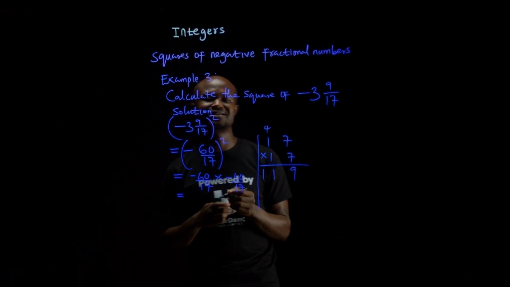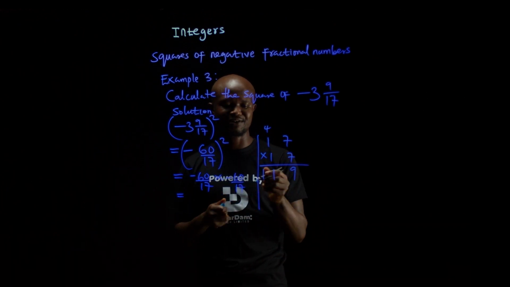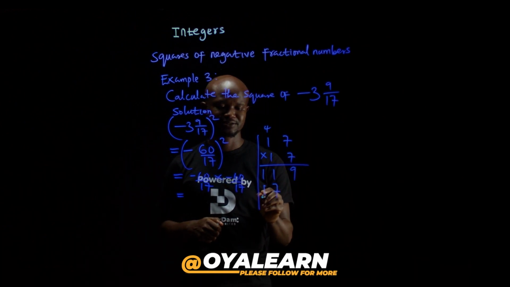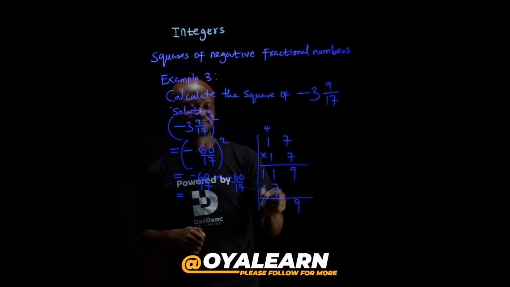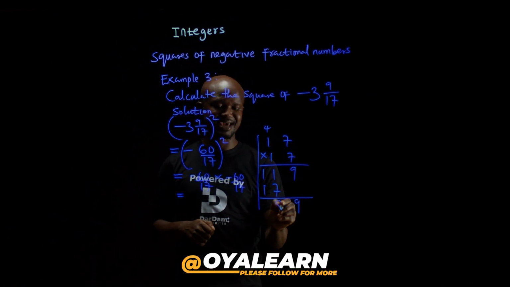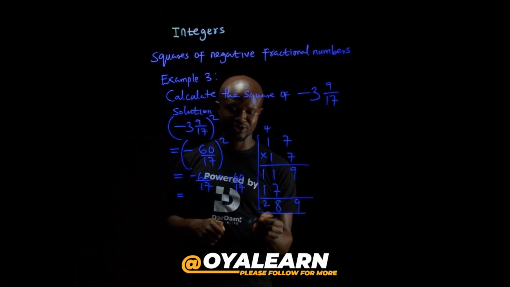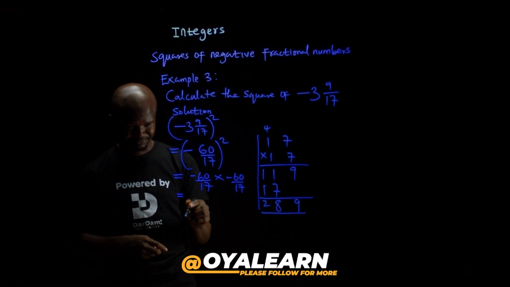Now we use 1 to multiply. 1 times 7, that is 7. Then 1 times 1, that is 1. We add. This is 9. 7 plus 1, that is 8. Then 1 plus 1, that is 2. So you can see 17 times 17 is 289.